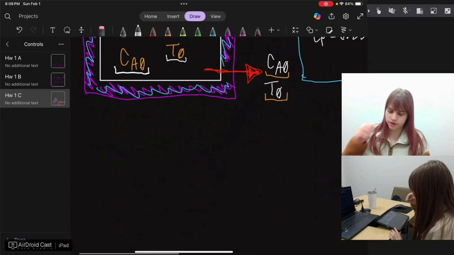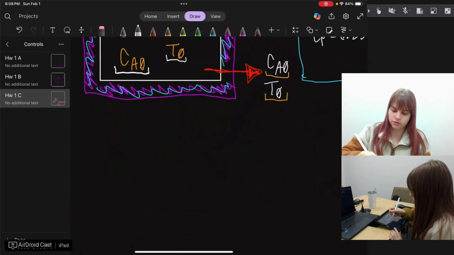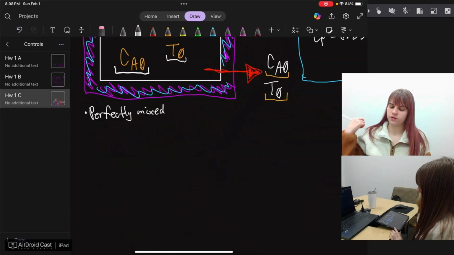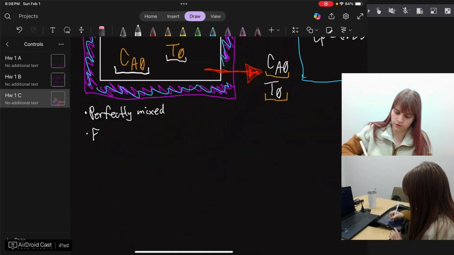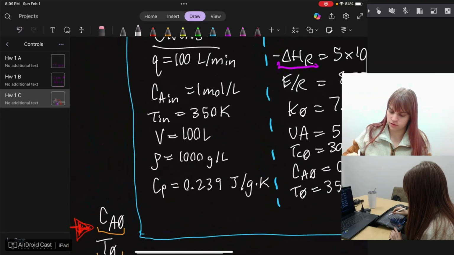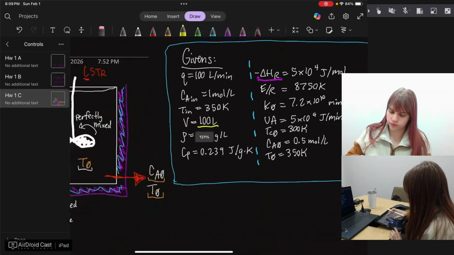So I'm going to write down some things we talked about. We know that it's perfectly mixed. We also know that this has a fixed volume, which was given to us. It is 100 liters.